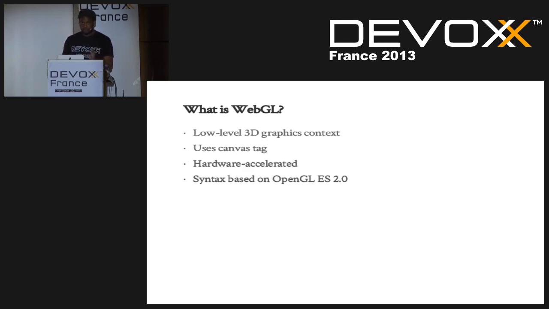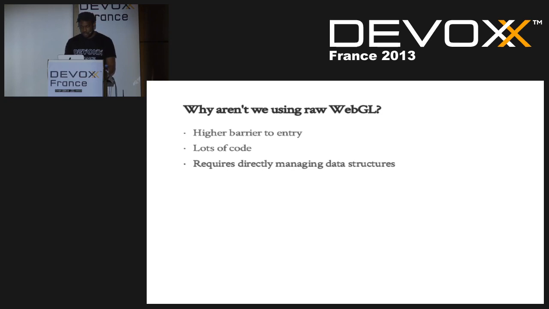If you're doing GL type stuff natively, you're probably using OpenGL ES. It uses the canvas tag and it's hardware accelerated. It is supported in pretty much every single browser on the desktop except for IE, and there is some support in Android for the Chrome beta browser there.